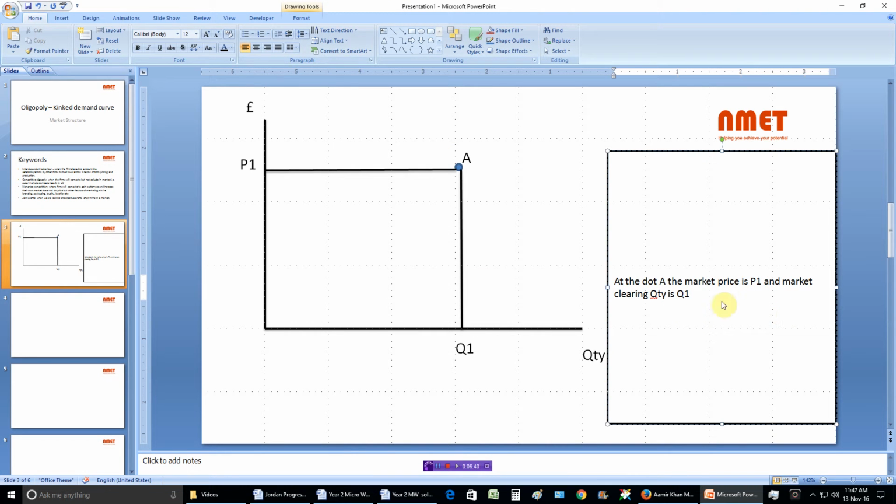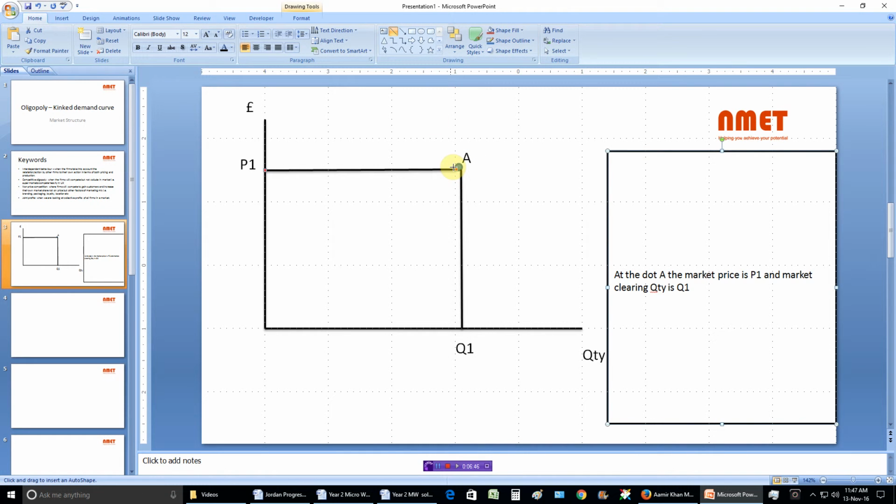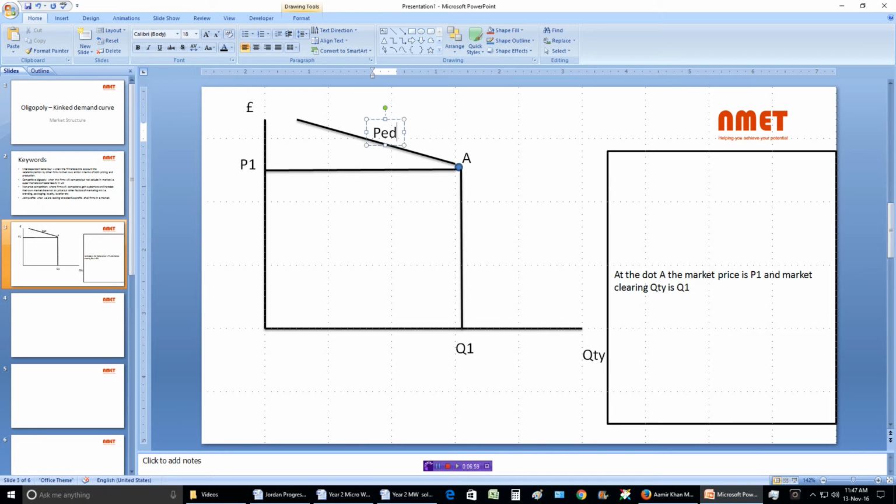And right now above this point A, what we'll find is the market demand curve, the PED of this is greater than 1, and it is quite elastic, as we can see. So why do you think that would be the case?